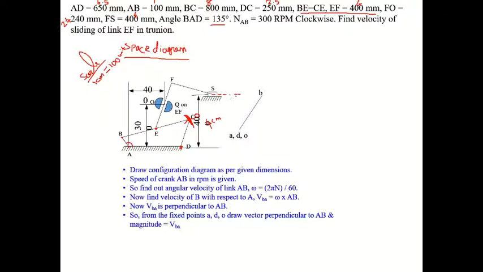Draw a horizontal line that should be above this line. The distance between this reference line and AD is 4 centimeter. Like that you have to draw a horizontal line. At the height of 4 centimeter, draw a reference line.